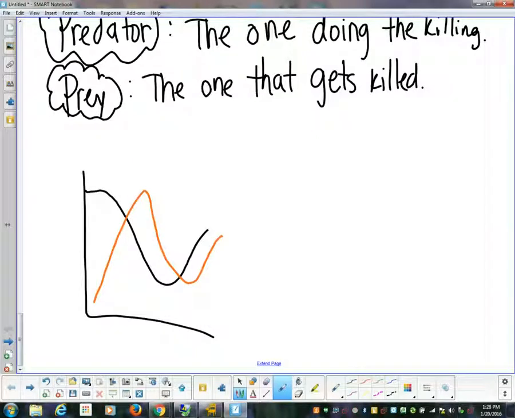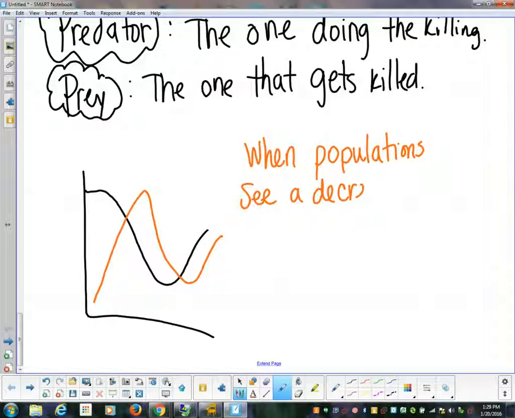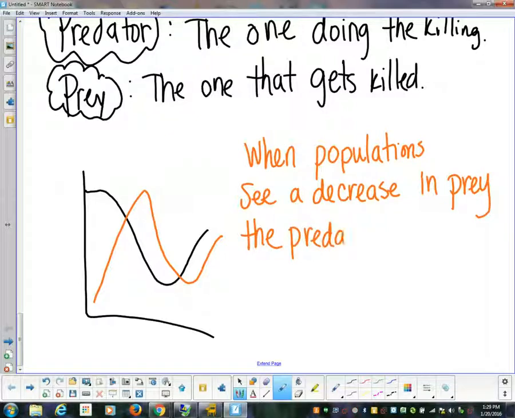Well, what we notice is that when populations see a decrease in prey, the predators go up, and so the opposite occurs as well.